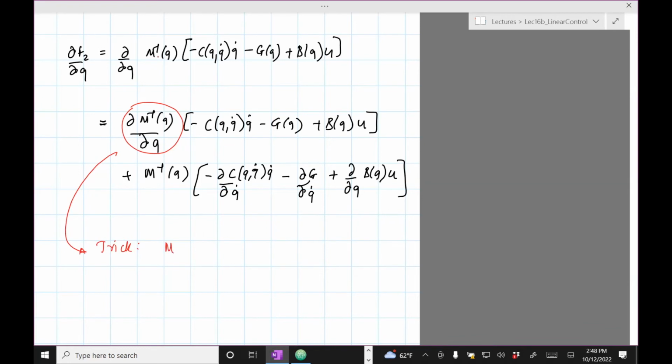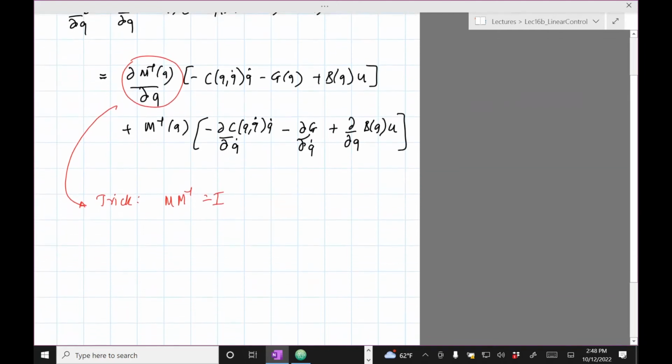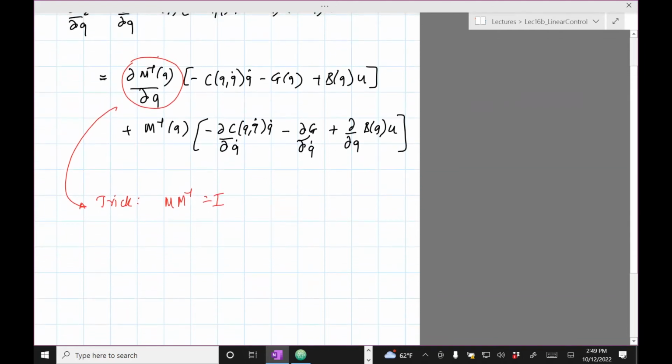They write M times M inverse is I. Okay? If you multiply something with its inverse, you get I, then we take the derivative. If we take the derivative of both sides with respect to any variable, let's say q for that matter, dM dq times M inverse plus M times d M inverse dq, and then we know that the derivative of the identity is 0.